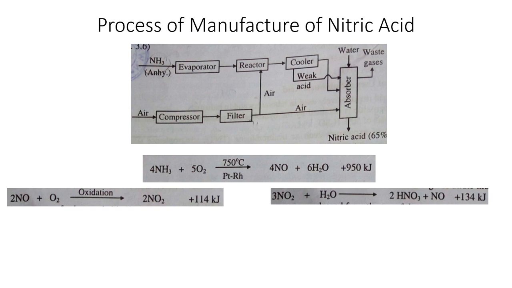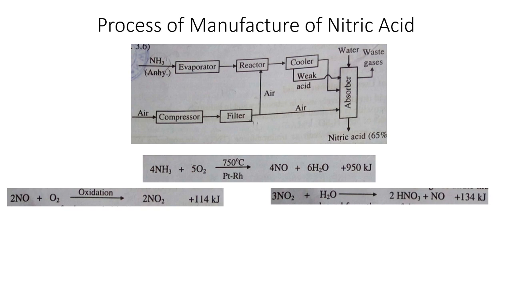Now you can see all three reactions, that is the reaction in the reactor and the reactions in the absorber, are exothermic. So maintenance of the temperature is the important key step here. Waste gases are released from the top of the tower. This is the absorption tower, and nitric acid is obtained at the bottom in liquid form.